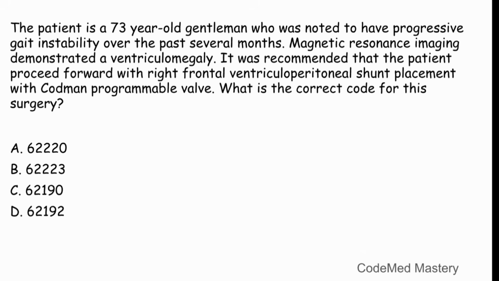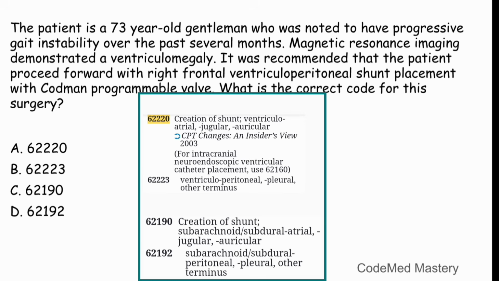This is the first question. Let us use elimination method. Before reading the question, we will check all the options. So check option A, 62220. 62220 is for creation of shunt ventriculoatrial jugular auricular, and option B, 62223 is for creation of shunt ventriculoperitoneal pleural other terminus.